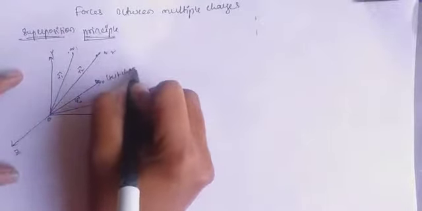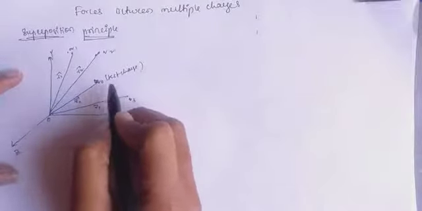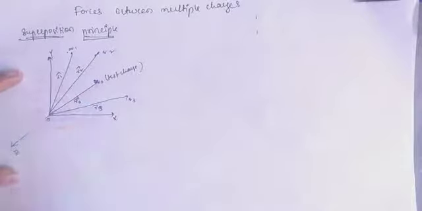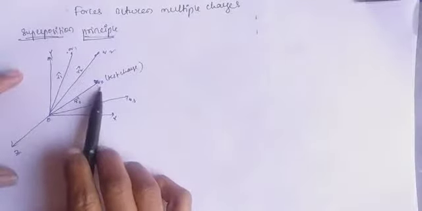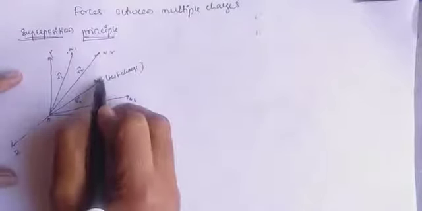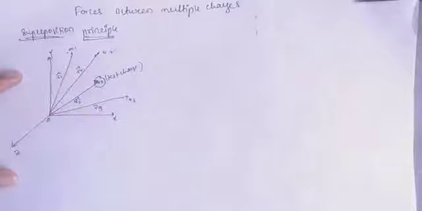Test charge means it is being tested. Here n number of charges are there, and we have to calculate the effect of all those charges on this charge. That's why this is considered to be a test charge. Now I want to get the effect of all those charges on this charge.